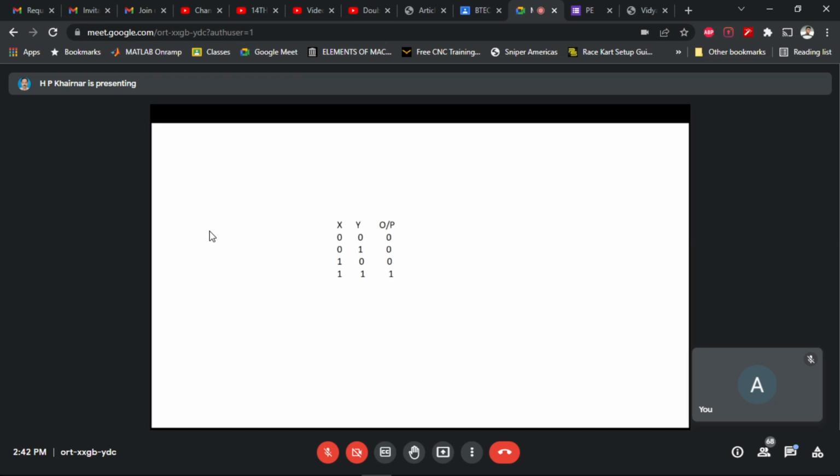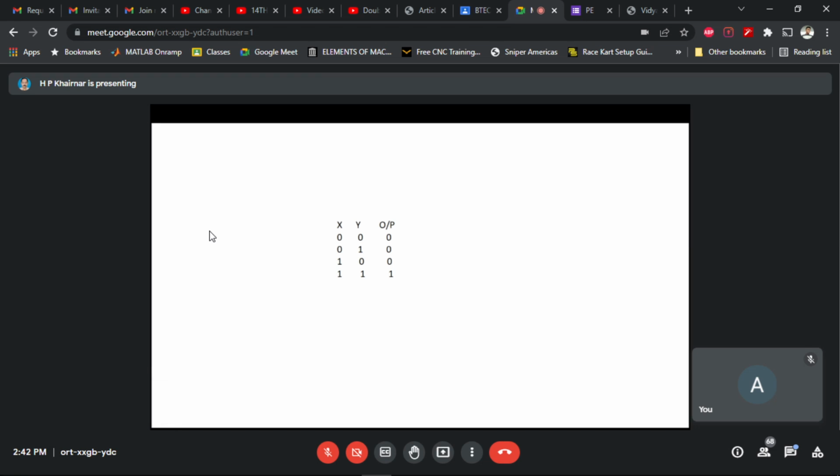Suppose you imagine that these are two valves, connected in some particular arrangement, and you are expecting output from there. If both the valves are off, that is X input is zero as well as Y is zero, you will get output as 0. Suppose you are expecting the outstroke of the piston, that will not occur.